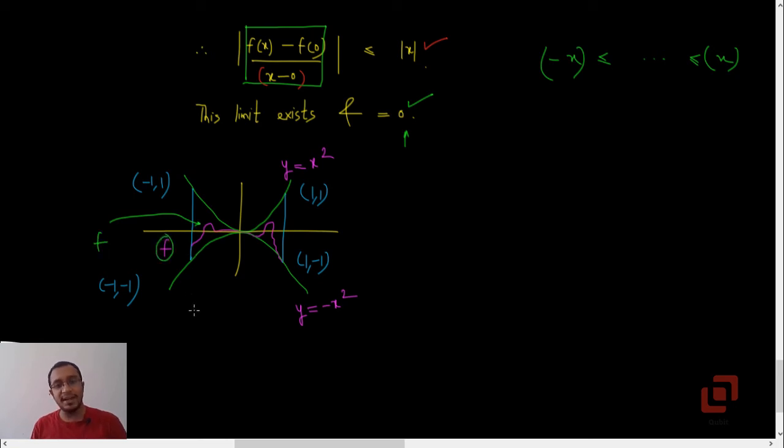It will be sandwiched between y equal to x squared and y equal to minus x squared, and these two graphs are intersecting and have a common tangent, which is the x-axis, whose equation is y equal to 0, which also has slope equal to 0. Okay, now as you go closer and closer to 0 from either left or right, the gap between these two curves starts vanishing. But at the same time, you also know that the graph of f is sandwiched between these two curves.